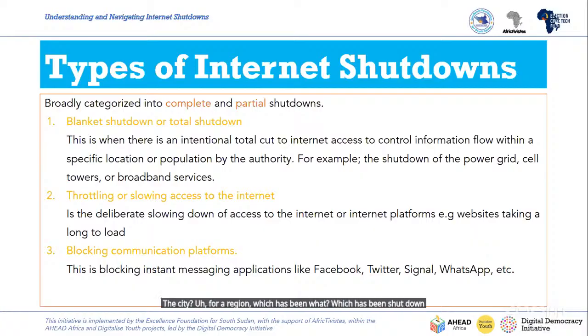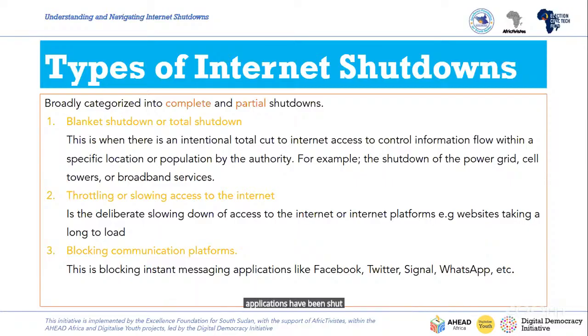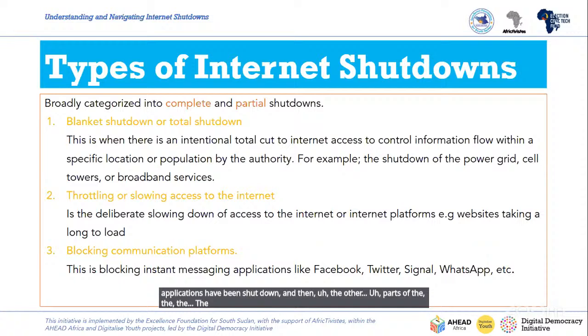Or sometimes you can have social media applications being shut down, and the other parts of the internet are left on. That's the broader categorizing of internet shutdowns. But then we have the smaller parts, whereby you have the blanket shutdown. This is the complete shutdown, where everything is cut off.